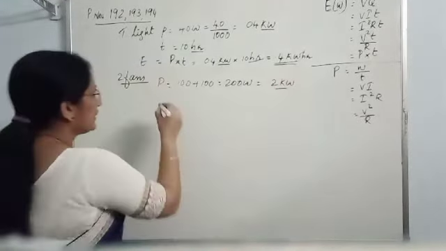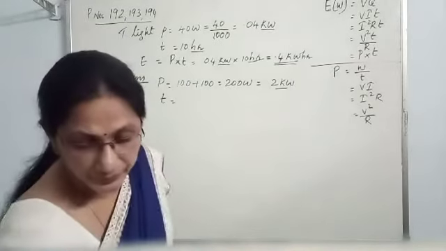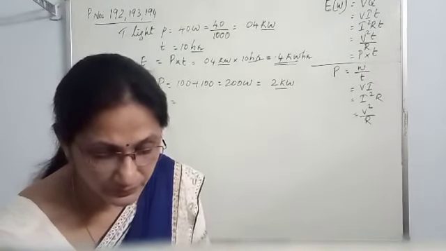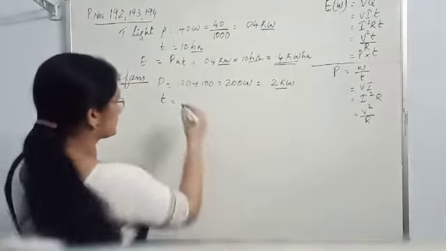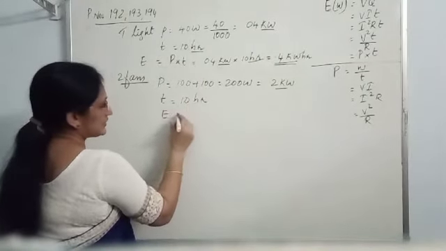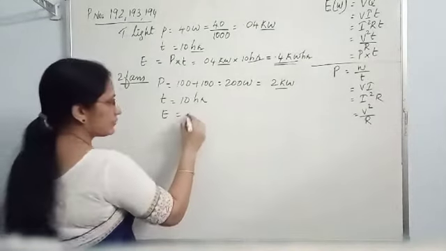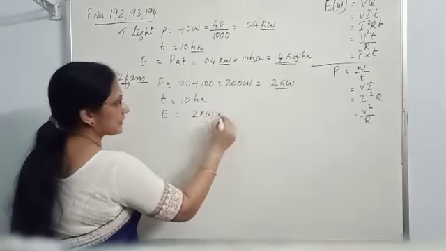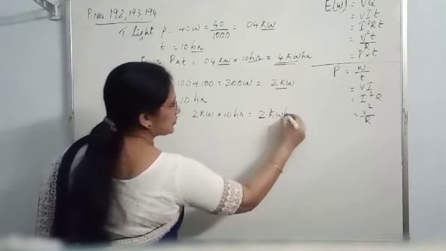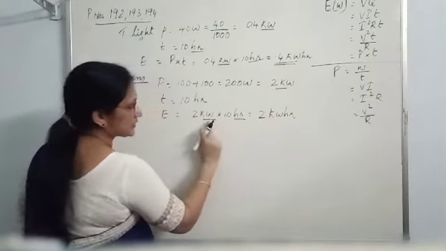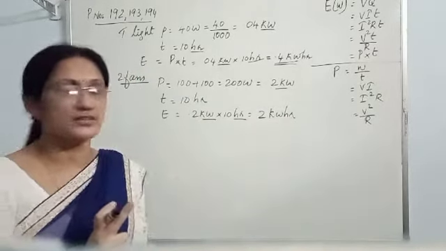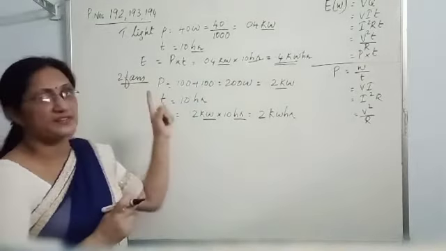This is the power and the time is, no, it is also 10 hours. Both are working for the same time. So energy is power into time. 0.2 kilowatt is the power, time is 10 hour. So you will get the answer as 2 kilowatt hour. Look at the unit. Power in kilowatt, time in hour. So 2 kilowatt hour energy is consumed by 2 fans per day.